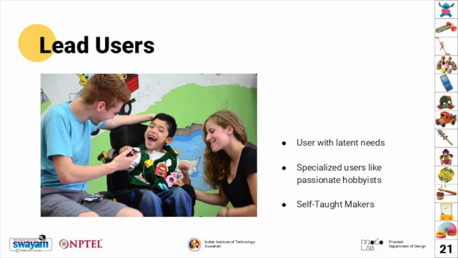Adults or children with deep knowledge of specific toy categories are passionate collectors. Third, self-taught makers. Self-taught makers are those users who take toys apart to rebuild them or create their own.